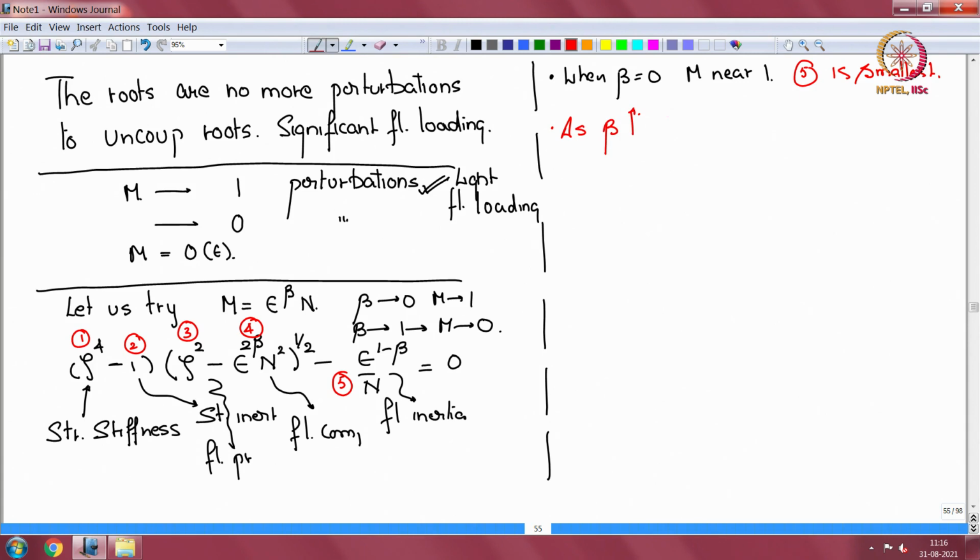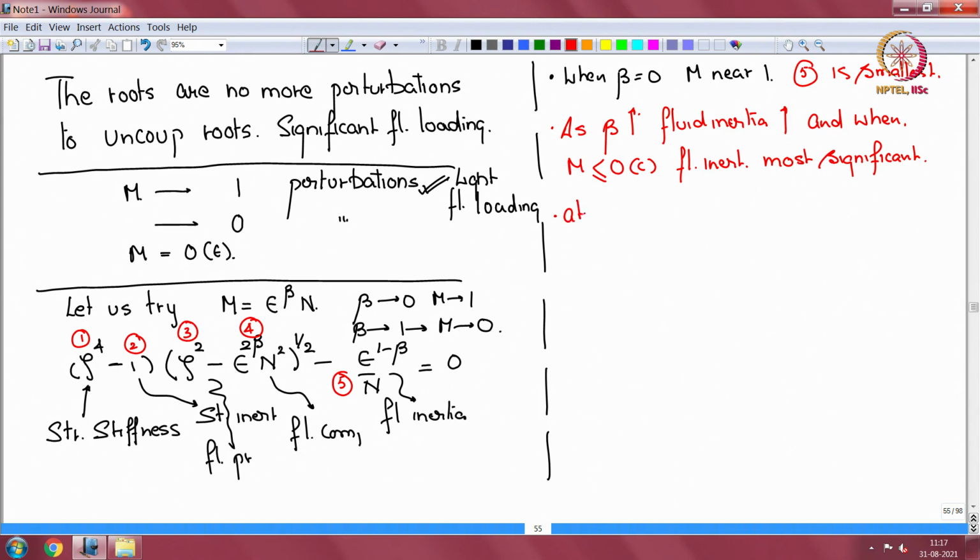Fluid inertia starts to dominate, start going up, and when m is less than or equal to order epsilon, fluid inertia is most significant. At high frequencies, 5 is negligible.